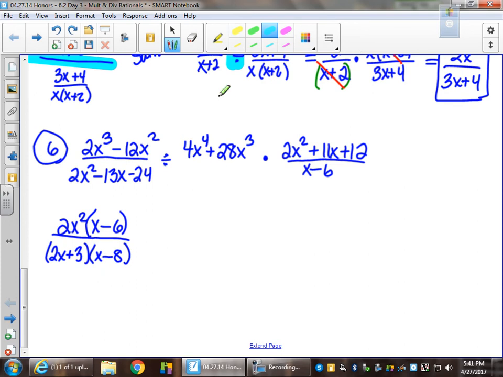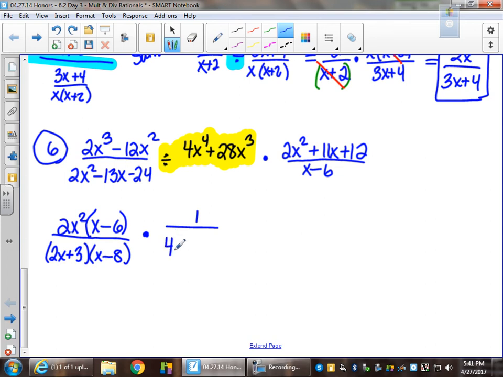In the same step that we're factoring, we are going to change this division to be multiplication. So we're keeping the first fraction, changing division to be multiplication, and multiplying by the reciprocal, flipping that fraction. At the same time, I can look for a GCF.